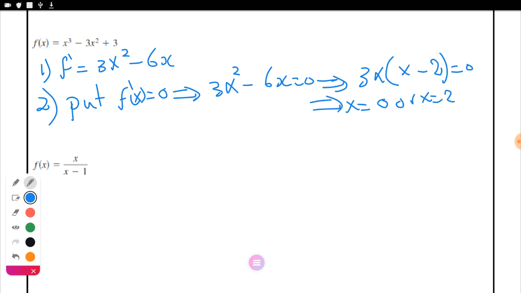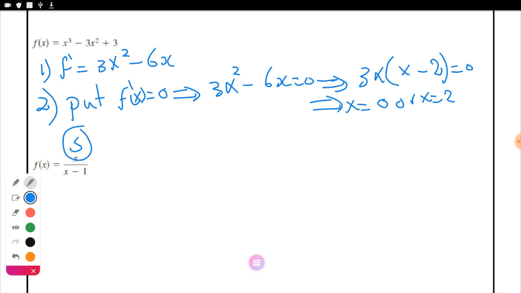At these values, maybe we have a relative maximum or relative minimum. How do I identify this? As I told you before, the extrema occur at the critical numbers. But here I use the second derivative test to find the extrema at the critical numbers at which the first derivative equals 0 or does not exist.